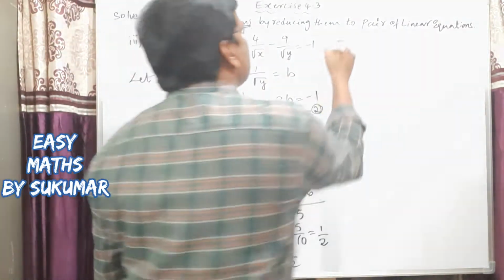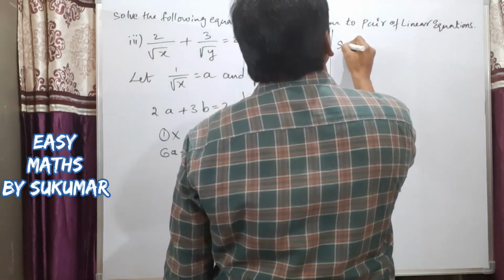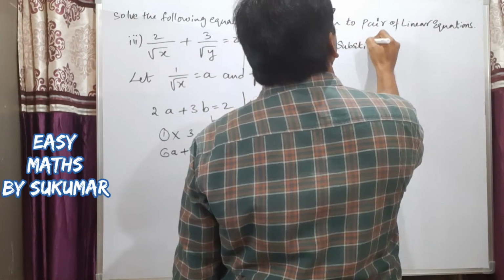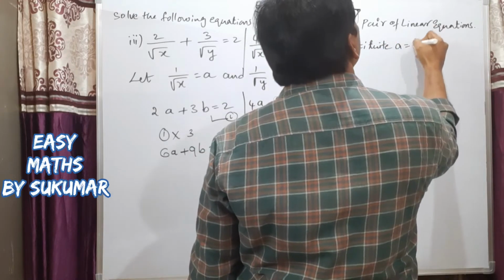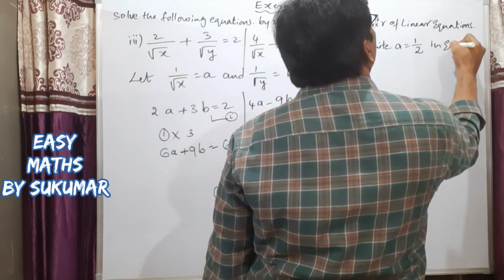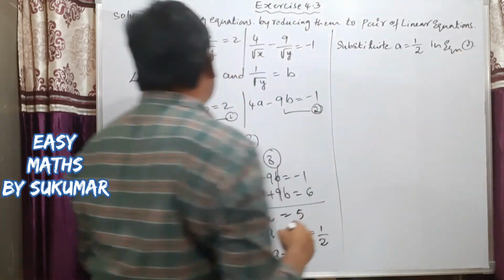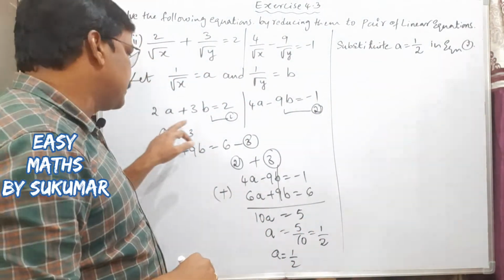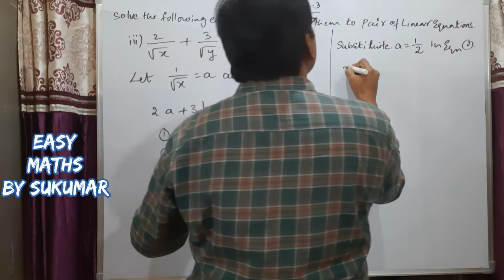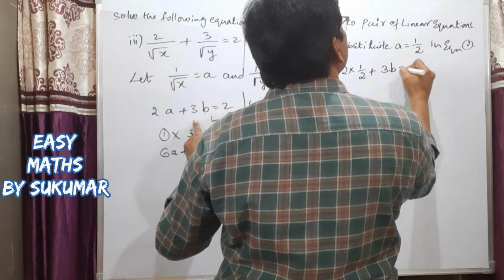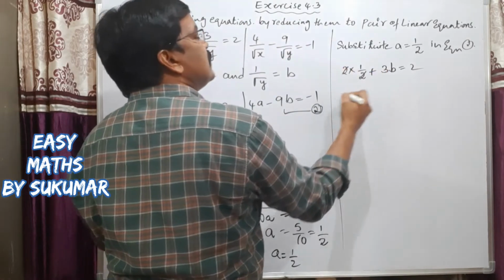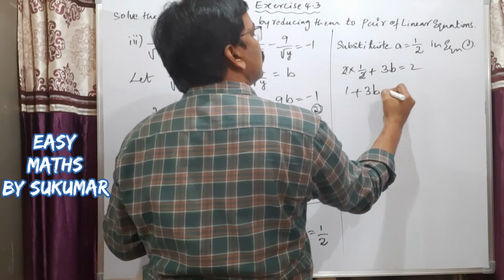Let us substitute a is equal to 1 by 2 in equation 1. What is equation 1? 2a plus 3b is equal to 2. That means 2 into 1 by 2 plus 3b is equal to 2. So the 2s get cancelled. That means 1 plus 3b is equal to 2.